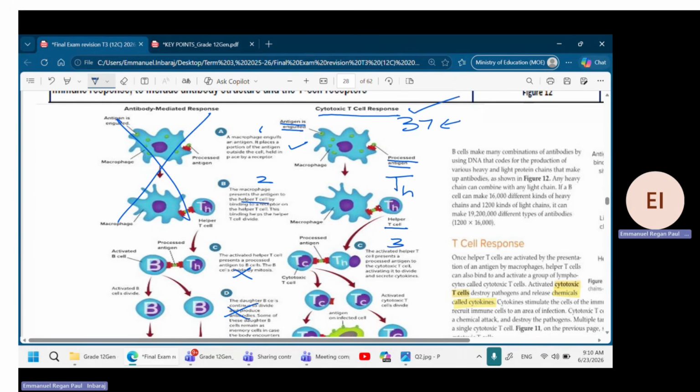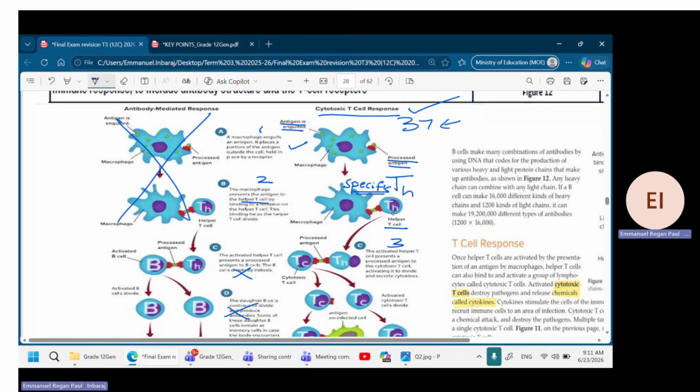So what is the meaning? The helper T cell will come and get attached here. This type of response is called a specific response. See, they both are attached. So this is the specific response. So the antigen is attached to the helper T cell. So that's over.